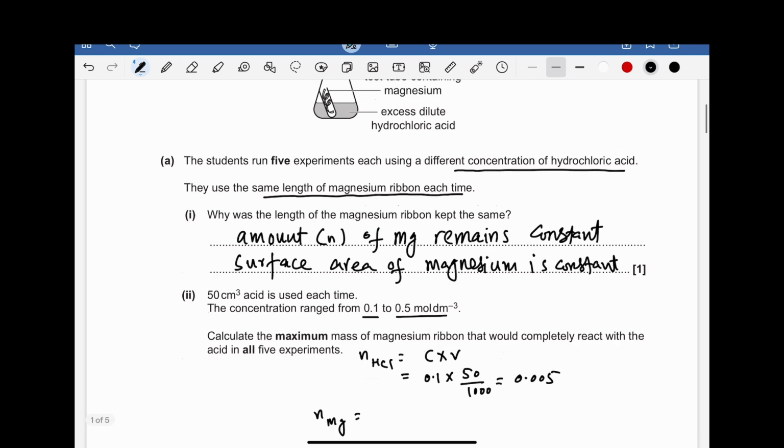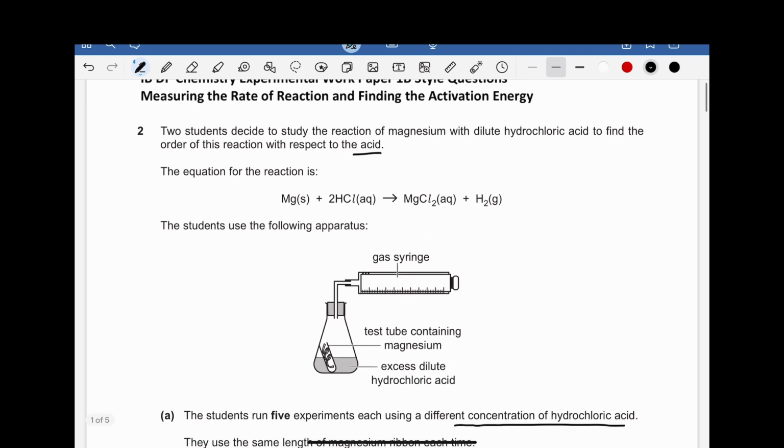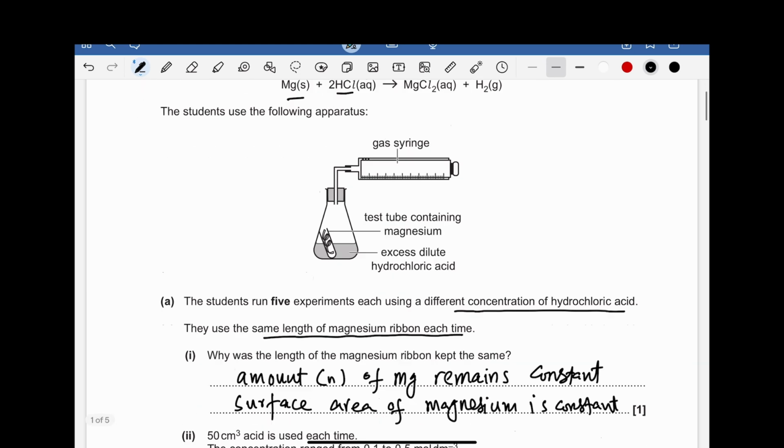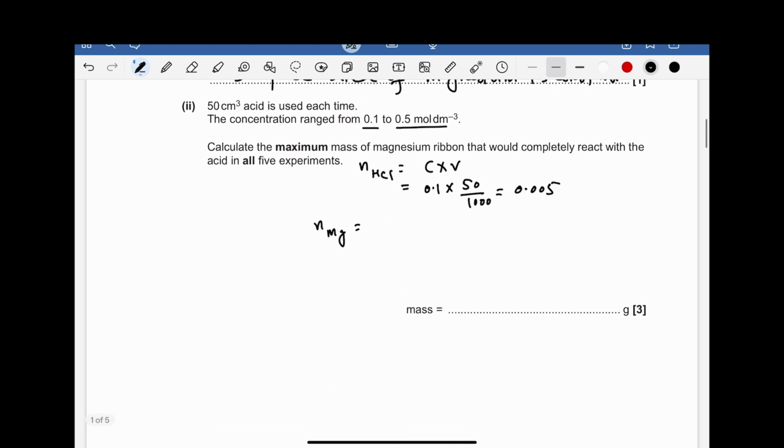Next, we can find out the moles of magnesium. If we go back and look at the chemical equation, the molar ratio between HCl and magnesium is 2:1, so if we divide the moles of HCl by 2, 0.005 divided by 2, we get the moles of magnesium, which will be 0.0025. To find the mass of magnesium, mass will be equal to moles times molar mass.